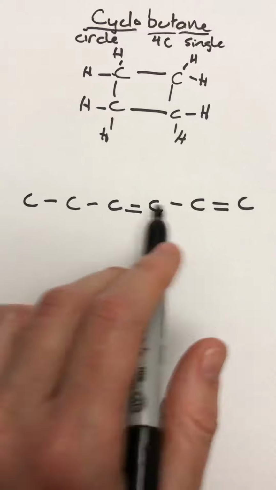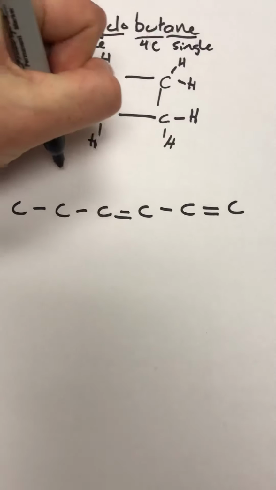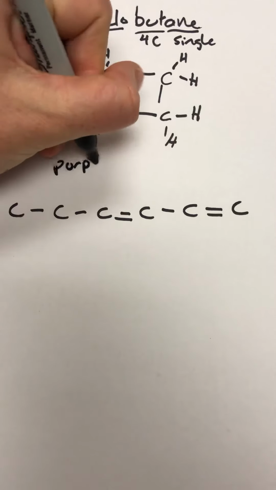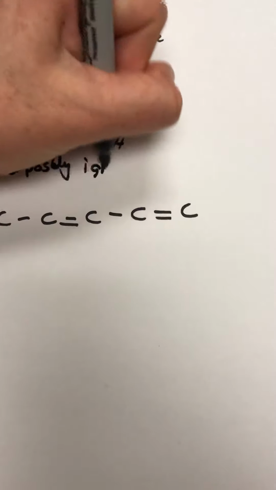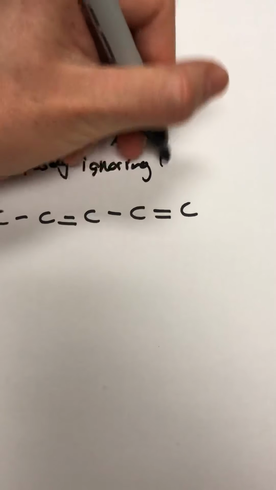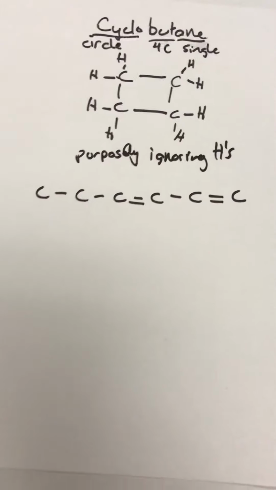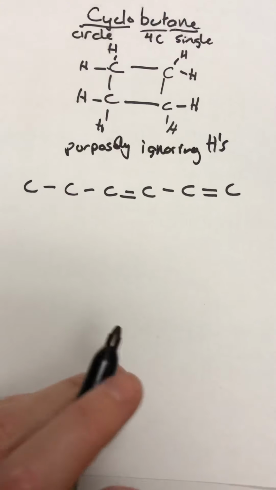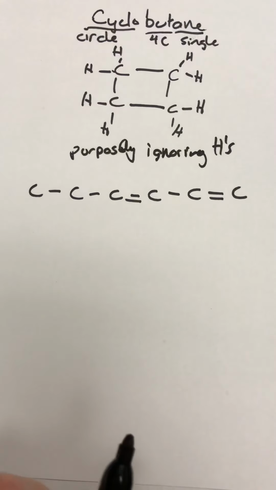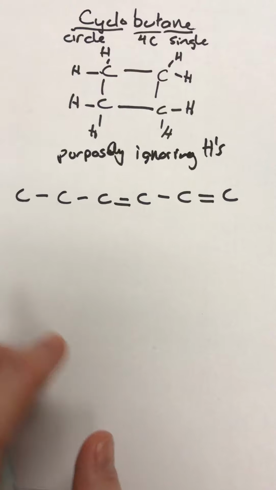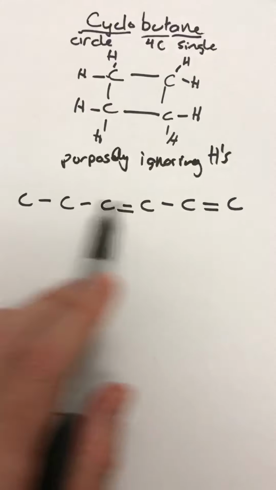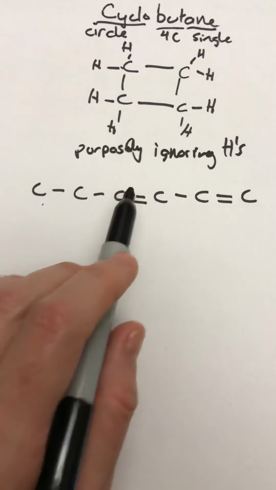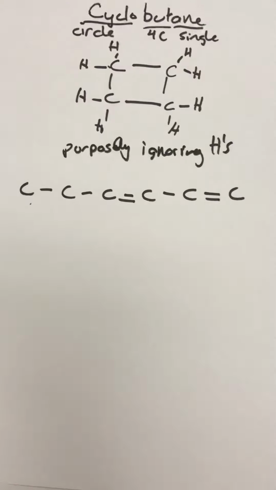There are 2 double bonds here and here. And we could go ahead and fill in hydrogens, but I'm purposely ignoring H's just because I think it makes it more clear to see. And when you get to organic chemistry, they also will start ignoring hydrogens and use more of a stick model. We'll get there.